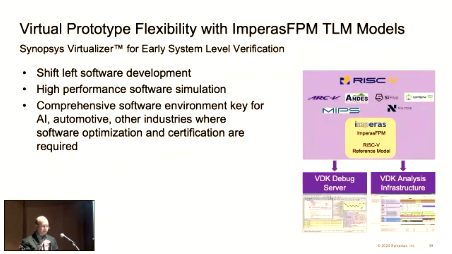Also, the virtual prototype provides a comprehensive software environment, which is important for AI, for automotive, and for other industries where software optimization and certification are required. So, with just a quick word on AI, AI seems like a great use case, and there are lots of AI algorithms out there.